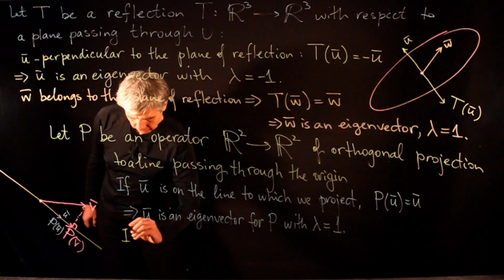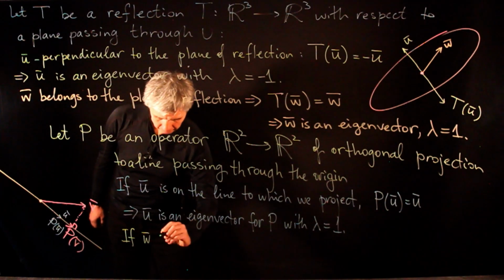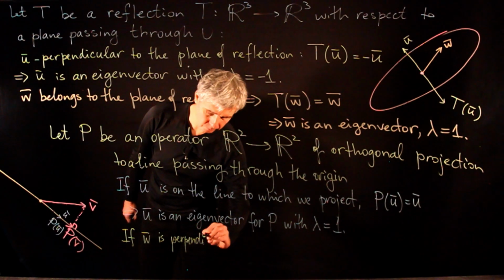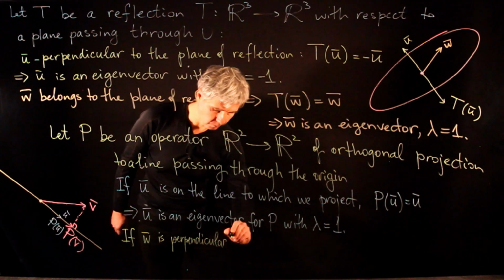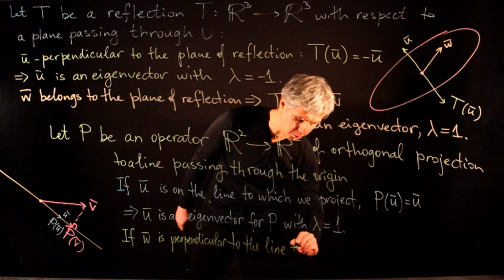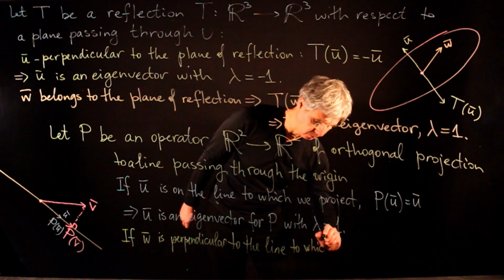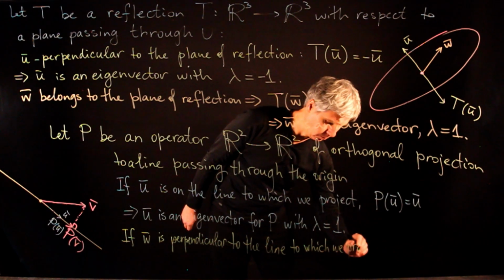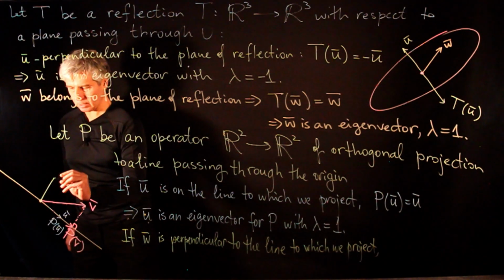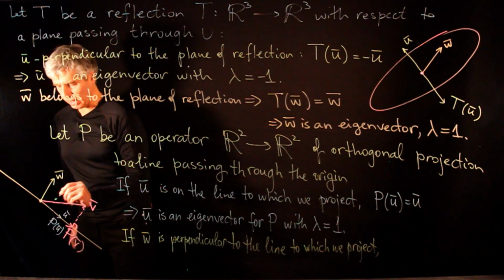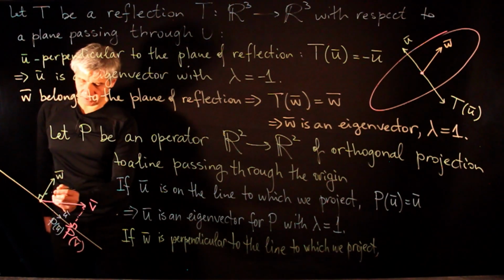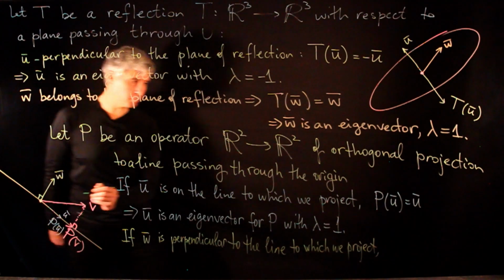And if W is perpendicular to the line to which we project, so W is a vector that looks like this, then when we project this vector to the given line, the projection will be 0.